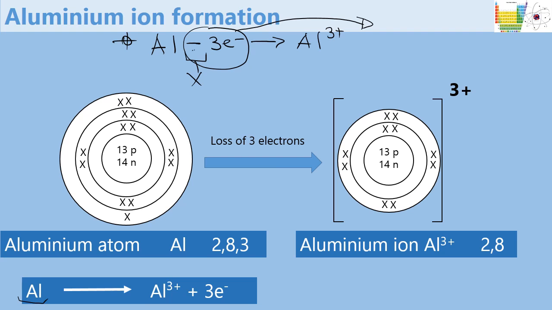Hence, we will have aluminium forming aluminium ion plus 3 electrons. So anytime we find that we have a negative sign in our equations, we have to convert it to a positive sign by moving the electrons to the other side of the equation.